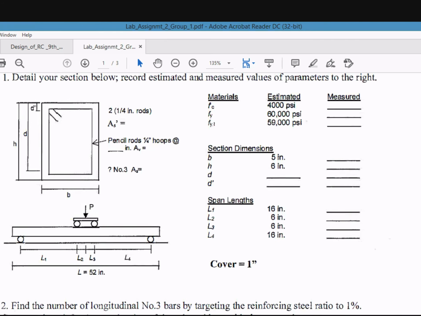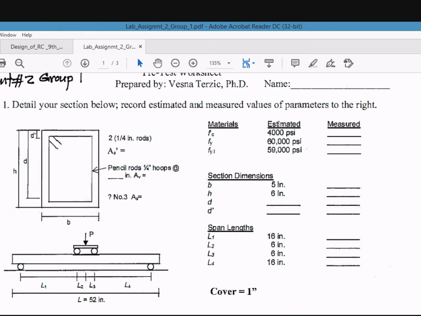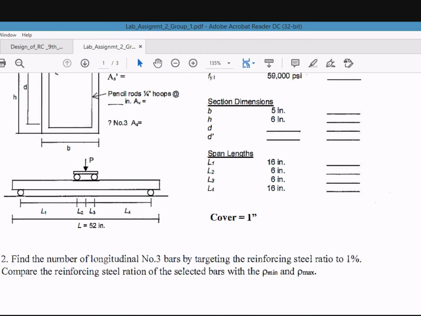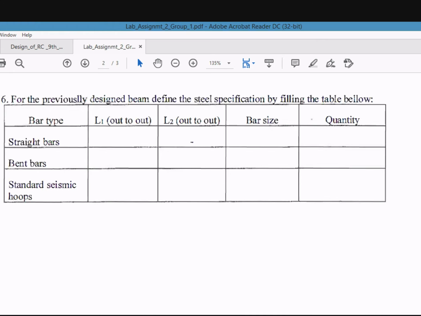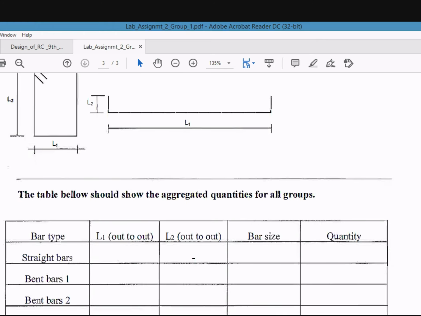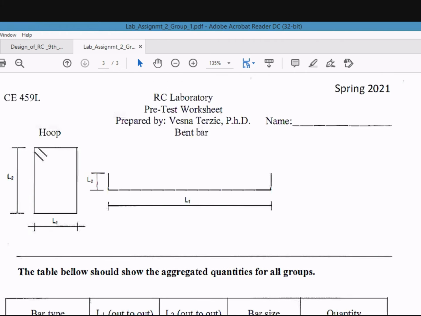So for the hoops, there was another sketch here, L1 and L2. Okay, here it is. If you keep going down, there it is. For the hoops, there's L1 and there's L2.